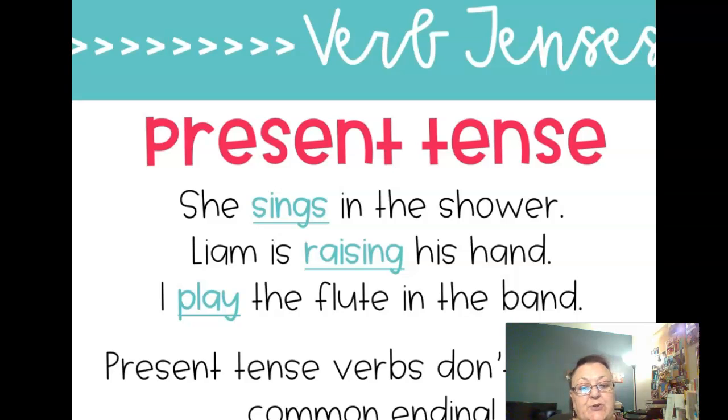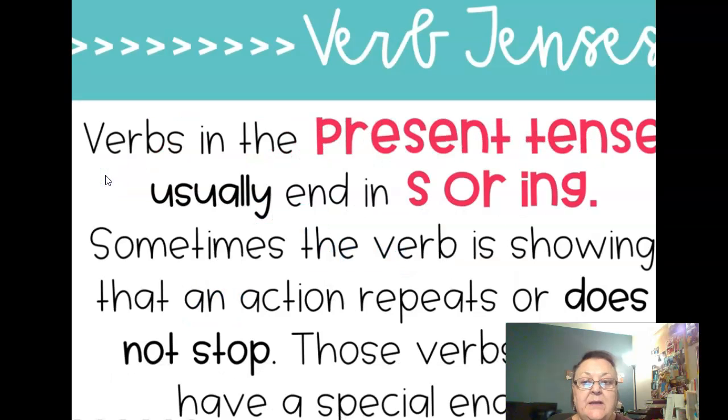Present tense verbs don't have a common ending. And what that simply means, they don't always end with S's or EDs, INGs, anything like that. So they are just words that are happening now. So verbs in the present tense usually end in S or ing. Now notice that word usually.